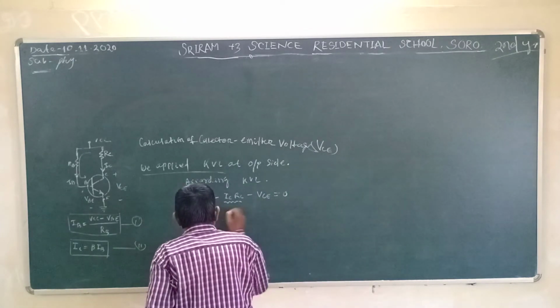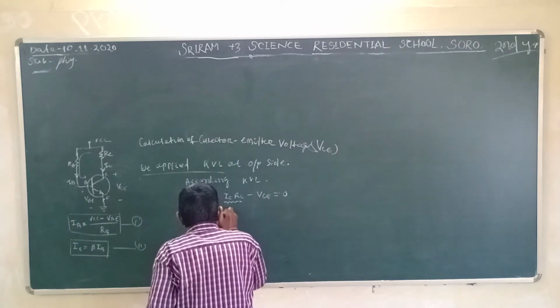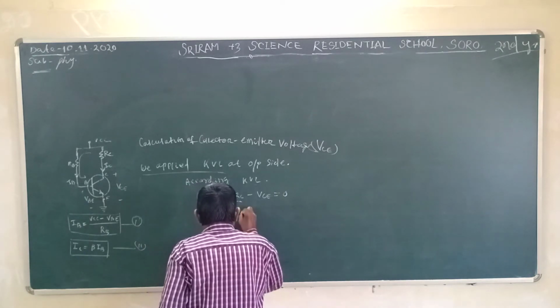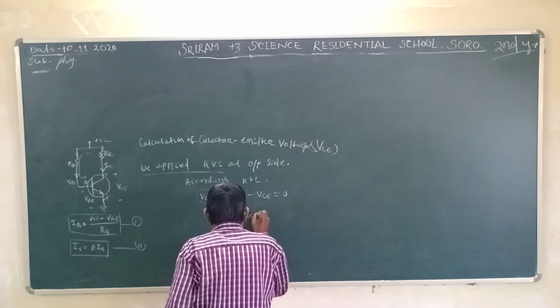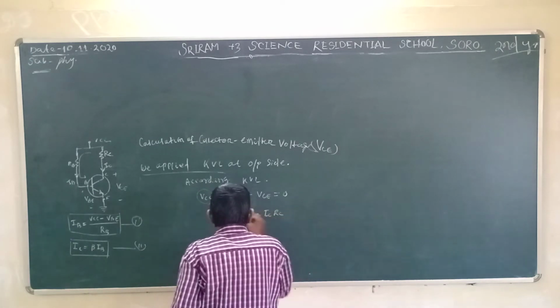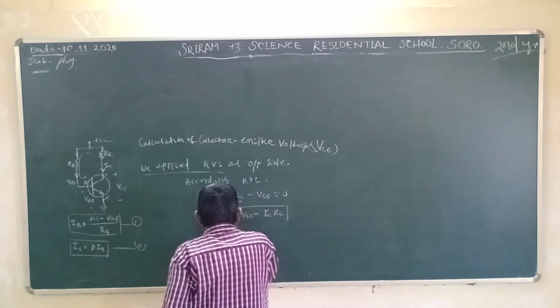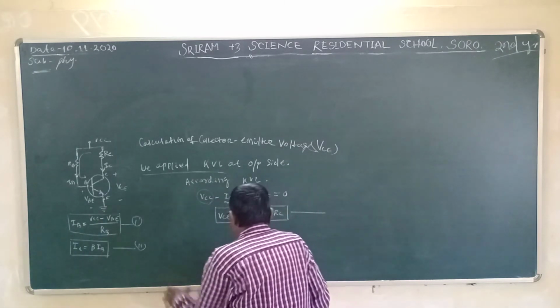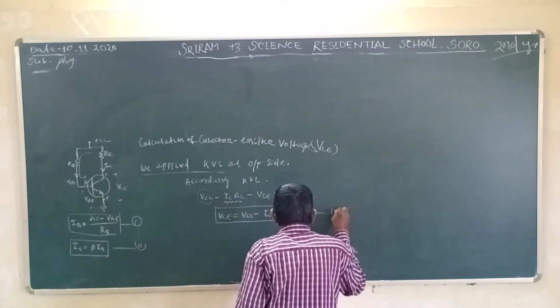So we calculate the VCE. VCE is equal to VCC minus IC RC. So this is the value of VCE. This equation is known as equation 3.